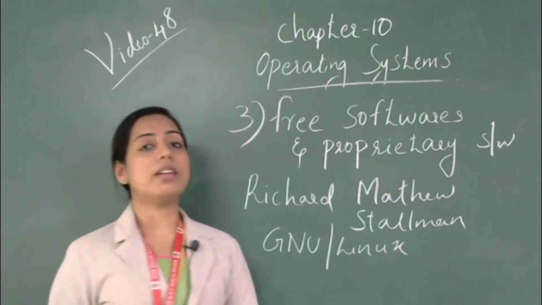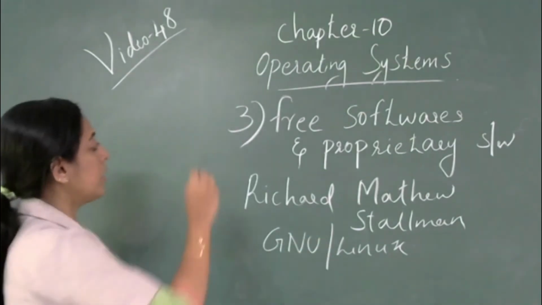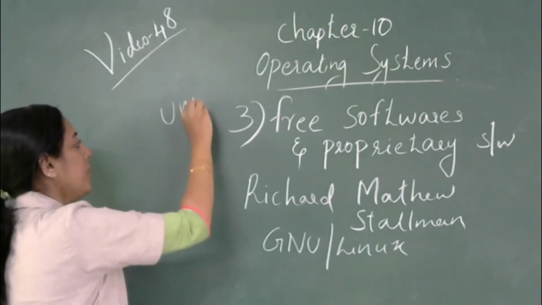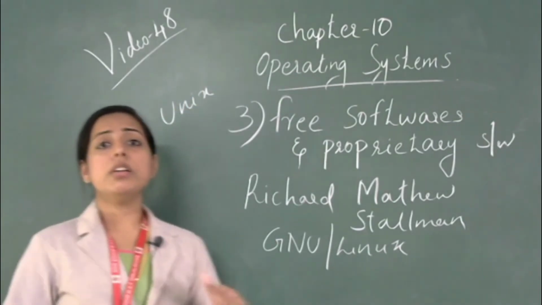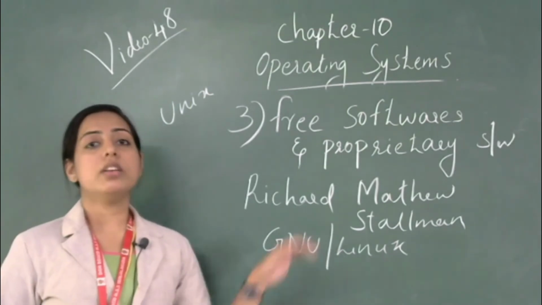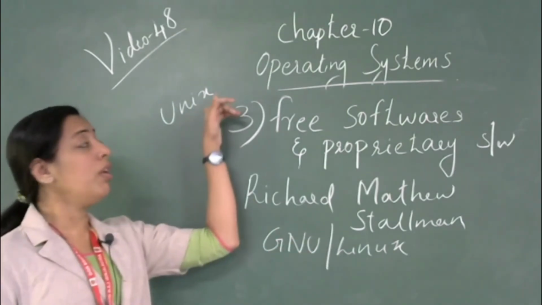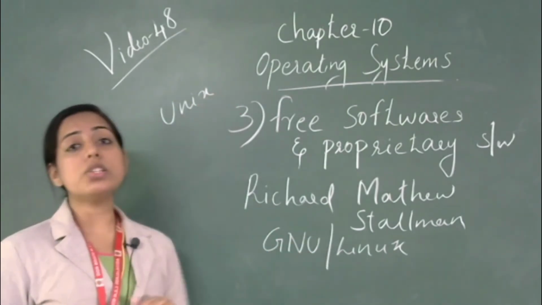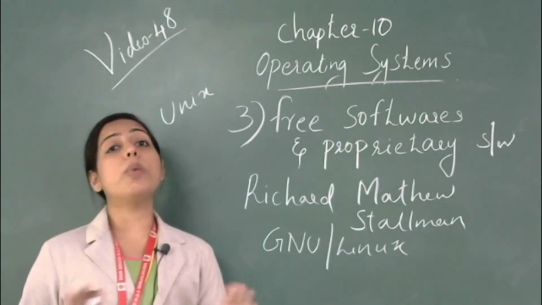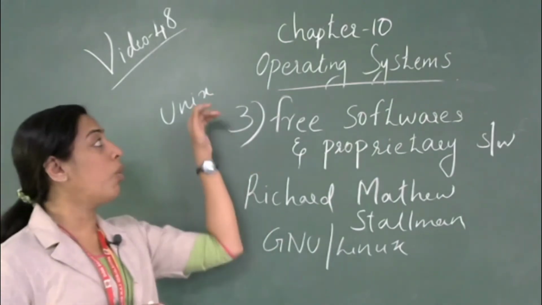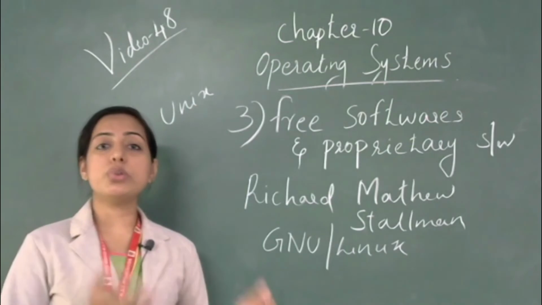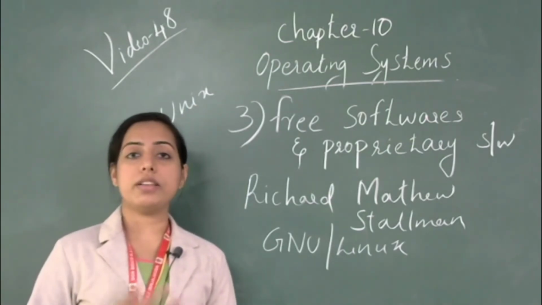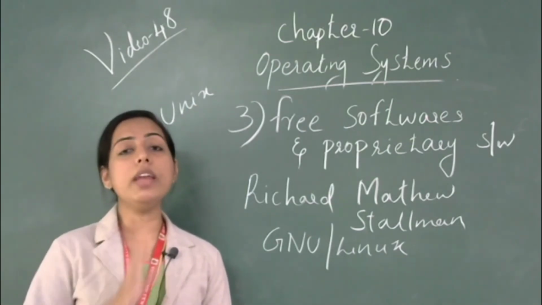So he suggested the Unix model, Unix being the prominent operating system used in the early days. He suggested the model of Unix, with the condition that they should not copy the program or code of the Unix operating system. They can choose the model of the Unix operating system but not copy the program.